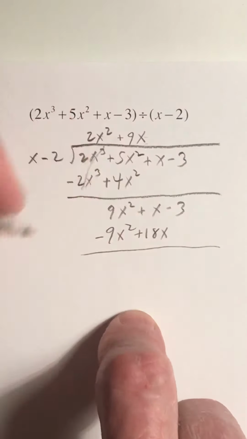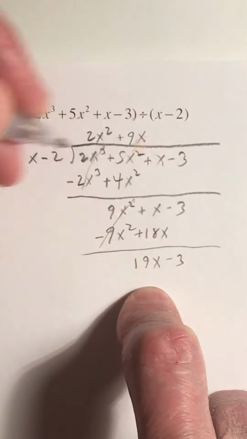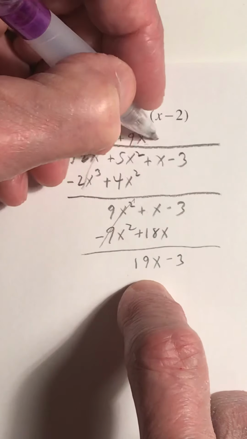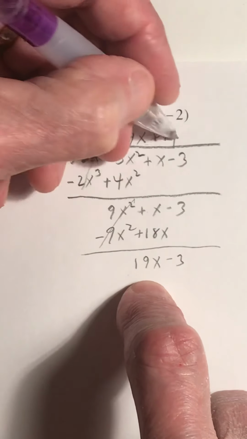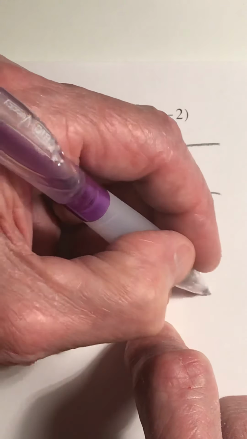Disappear. Don't ignore this. That's 1x, and 18x makes 19x. And then x times a plus 19 will make a 19x. 19 times x, 19x. And 19 times negative 2, that's negative 38.